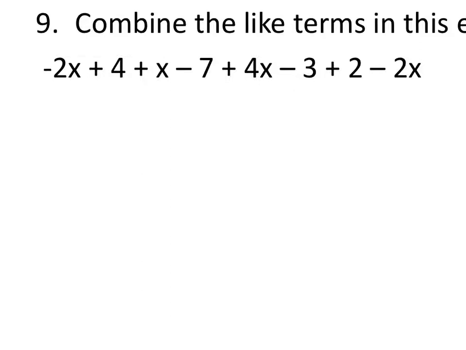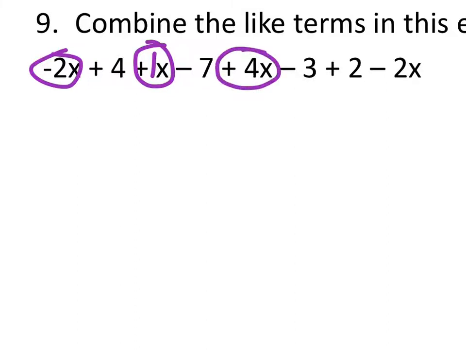Now, since there are 2 different types of terms in this problem, when we combine the like terms, there should be only 2 terms. The first thing I usually do is look at the term farthest to the left, and this one has an x. It's a negative 2x. So I would scan this expression and look for any like terms with x's, such as this one. There's a 1x right there. And yes, I am showing that phantom one on purpose.